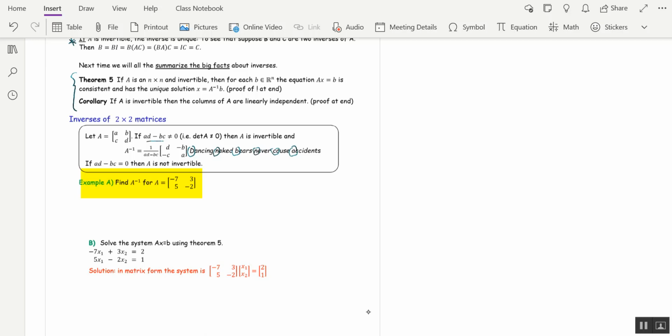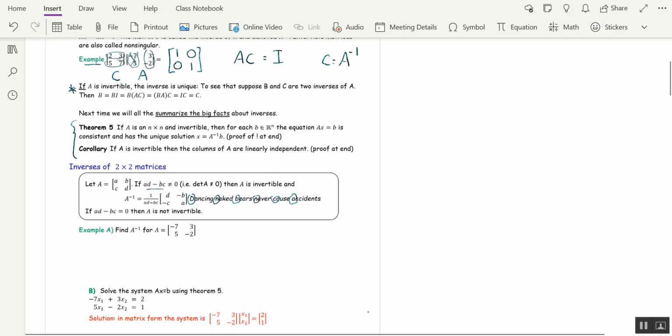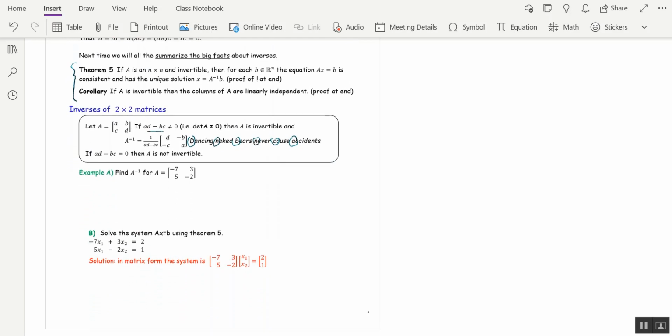So let's try that formula out on this matrix here. And this is the matrix that we had above that we called A. So we already know the inverse, but let's use the formula. A inverse is 1 over the determinant. The determinant is 14 minus 15. And then I switch the A and the D, so negative 2, negative 7, and I make the off-diagonal entries negative.